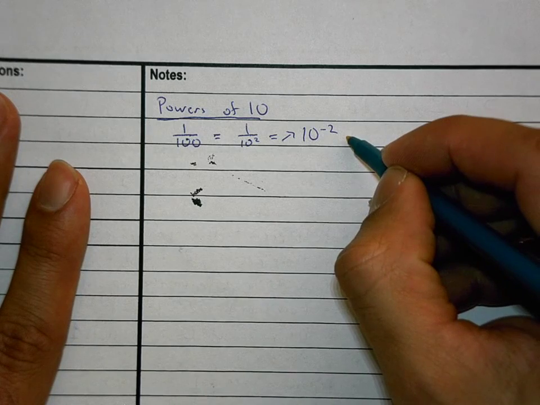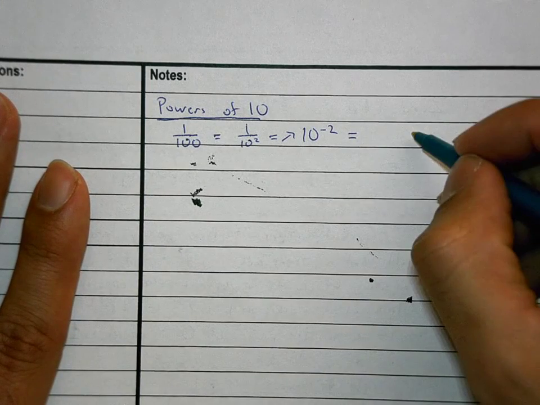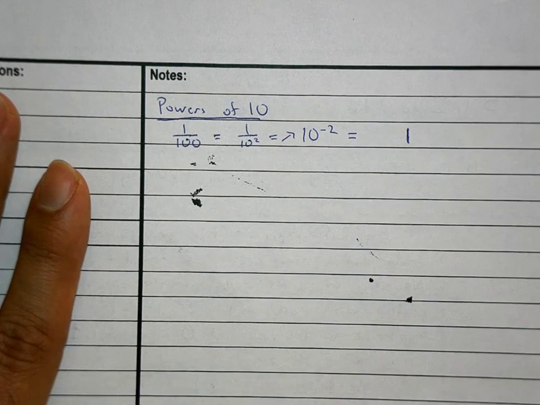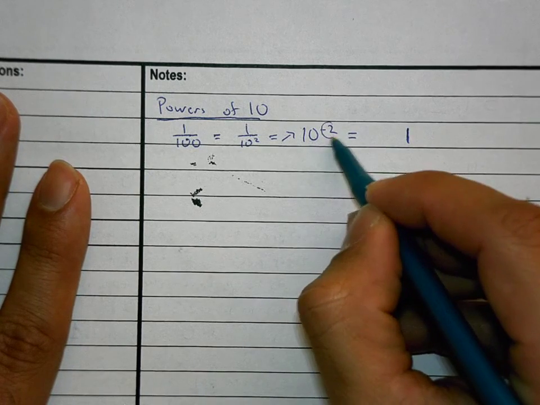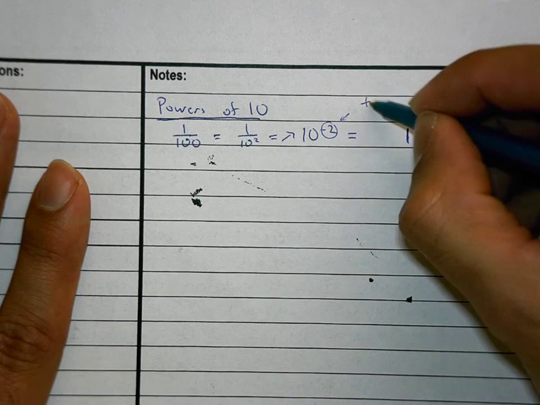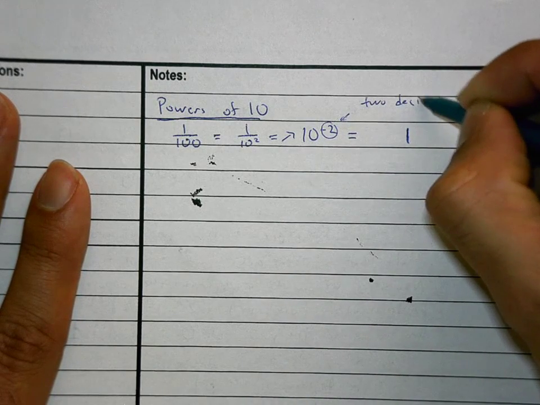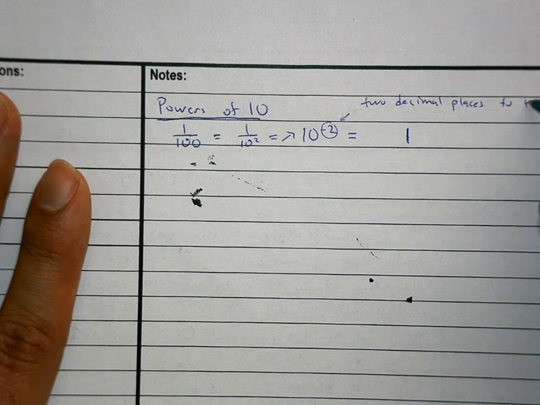This is also the same thing as putting the number 1 right here and counting 2 decimal places to the left.